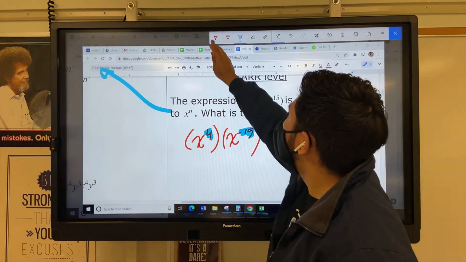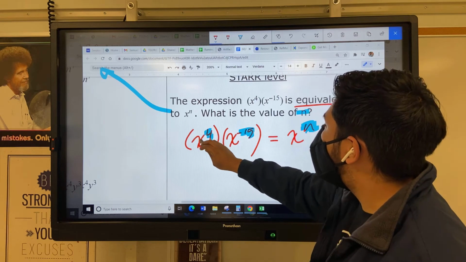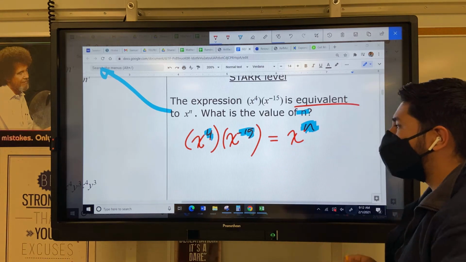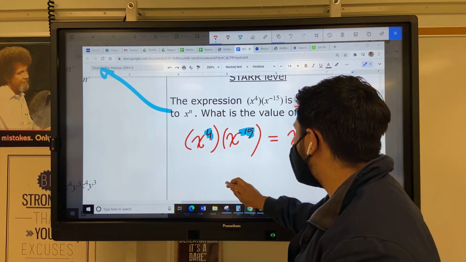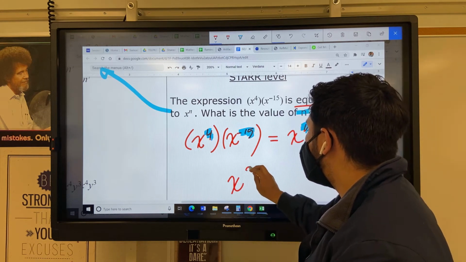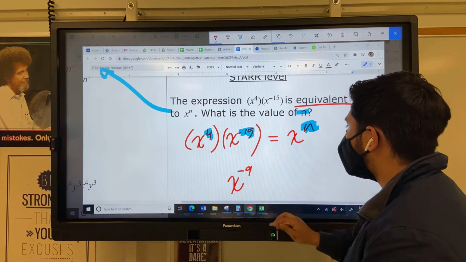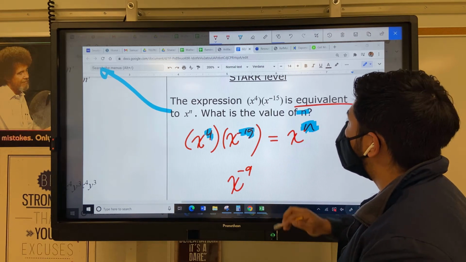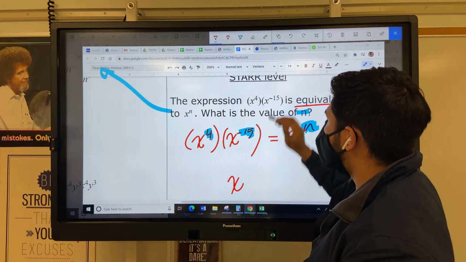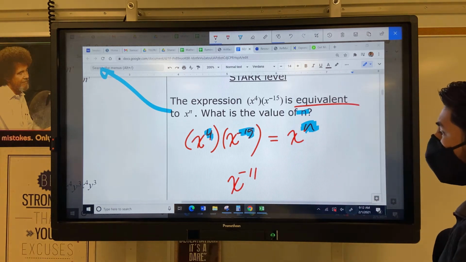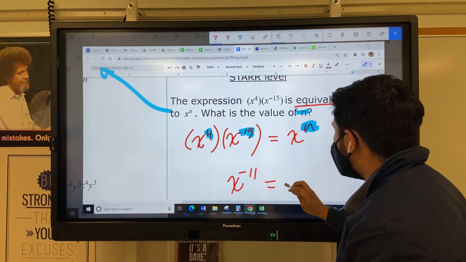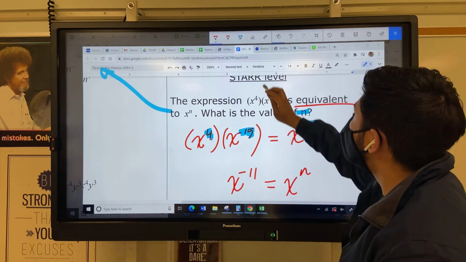So, if I add 4 plus negative 15, do that real quick in your calculator. 4 plus negative 15 gives me negative 9. Right? I'm sorry. Negative 11. My bad. Equals x to the n.